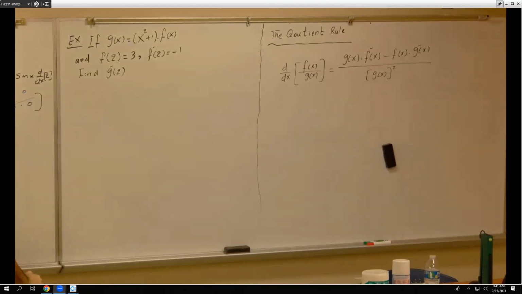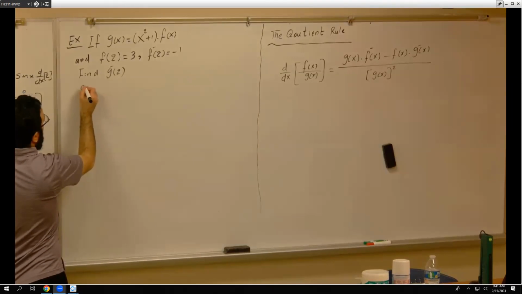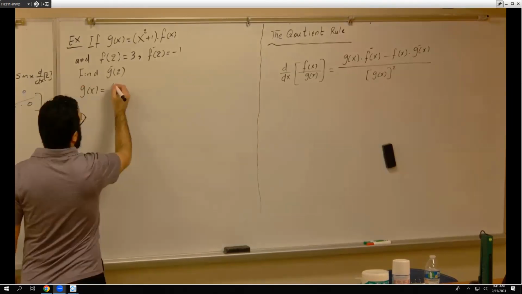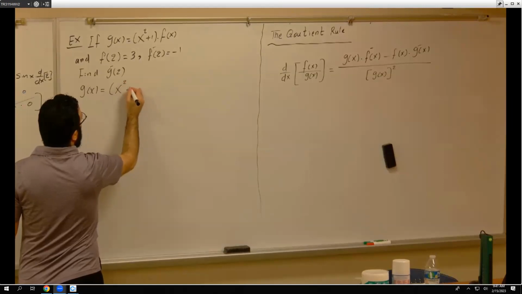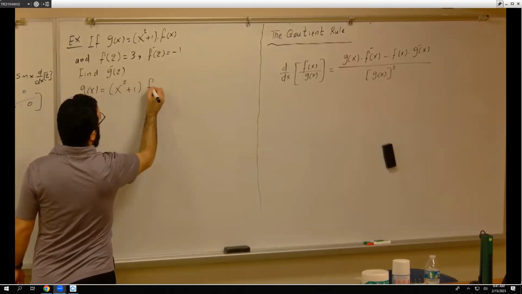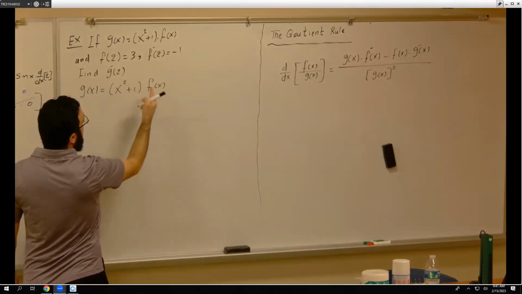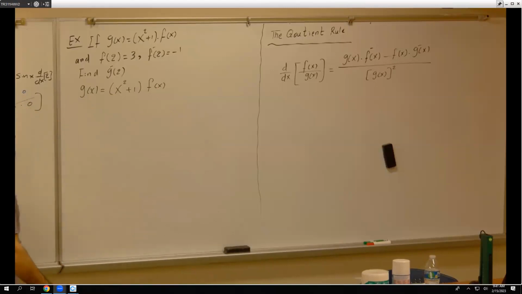The first thing, I have only the function g of x. G of x equals x squared plus 1, and here is f of x. It's a multiplication or product between two functions. Here is the first function, and the second function is an unknown function.